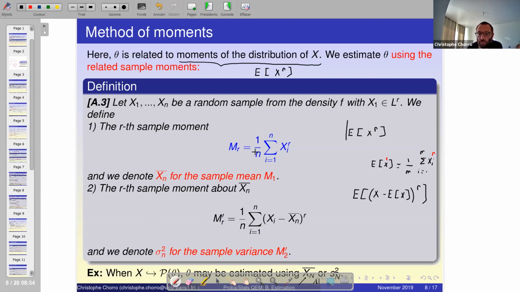And by analogy with what I have done previously, in fact I have two expectations here, this one and this one. So I will approximate this expectation here by the sample mean, and I will approximate the expectation of this random variable to the power r by the r sample moment that gives me as an approximation this quantity. And just remember that for r equal to 2, you have just what I have called the sample variance, okay? So I have this one.